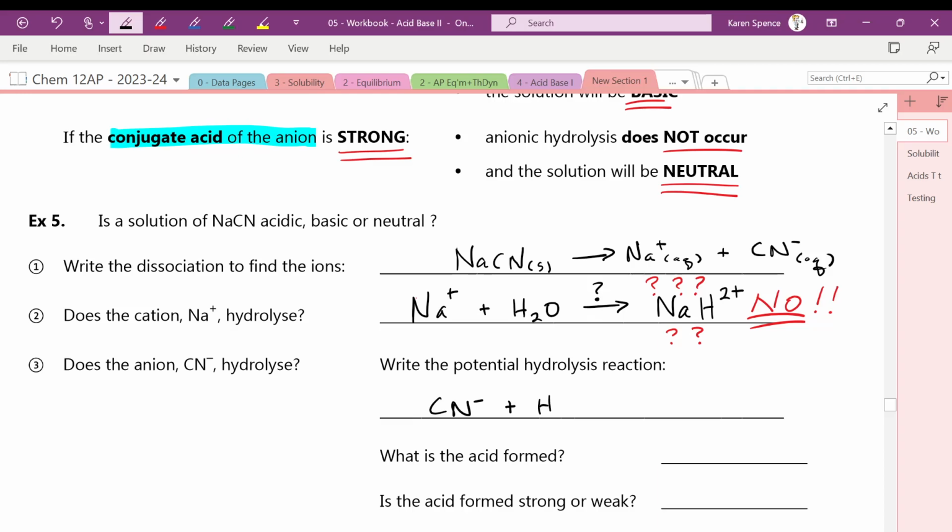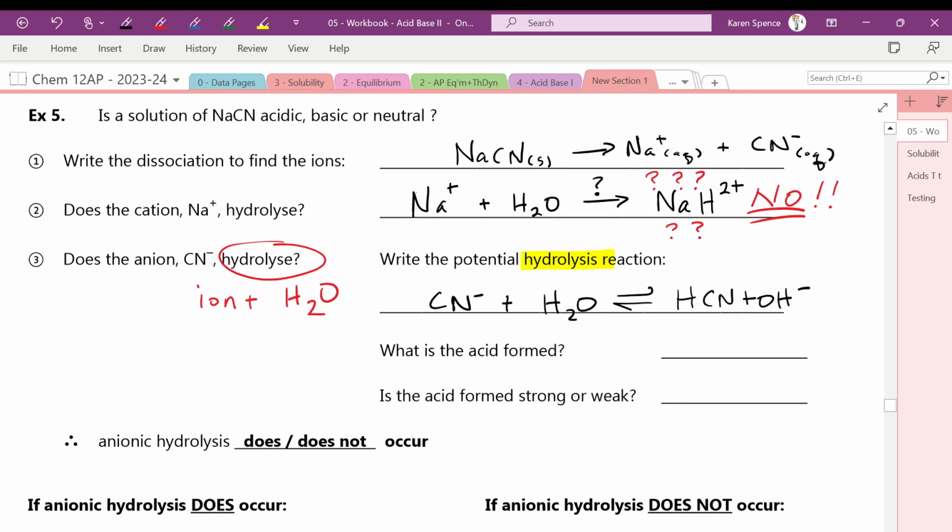So how do you write a hydrolysis reaction? What do you react the ion with? If you're doing a hydrolysis reaction, you take the ion plus water. What would be the products? HCN plus OH minus.